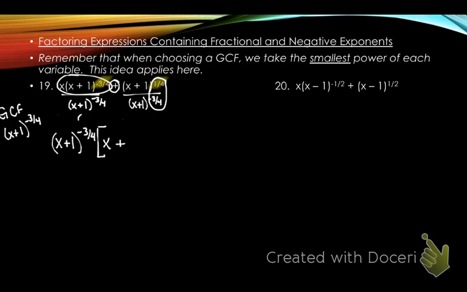So what is 1/4 minus negative 3/4? 1. So that means I'm going to leave the x plus 1 and take it to the first power. Okay, whatever number you get right here, I'm just going to put it as my power.